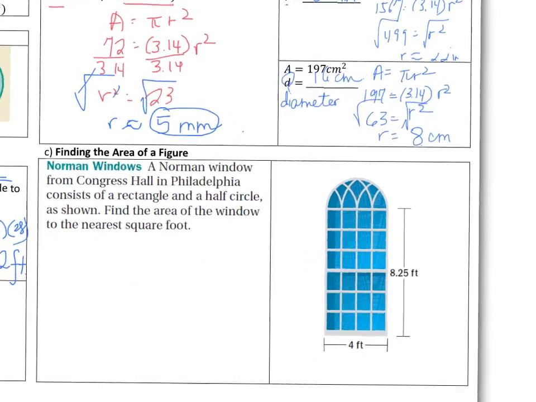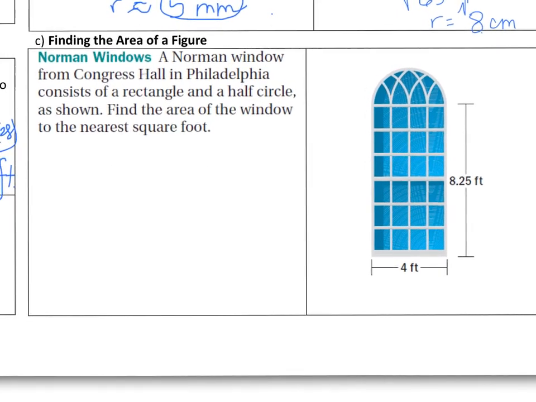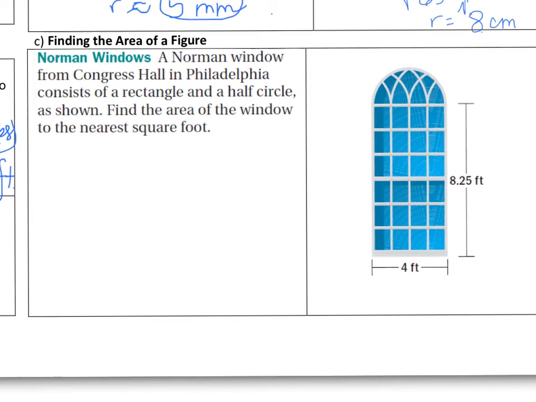Okay, let's take a look at the last problem, finding the area of a figure. Norman windows. A Norman window from Congress Hall in Philadelphia consists of a rectangle and a half circle. So here we have the rectangle and half circle. Find the area of the window to the nearest square foot.